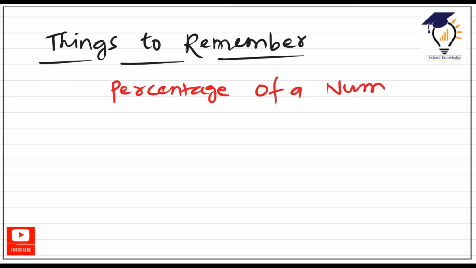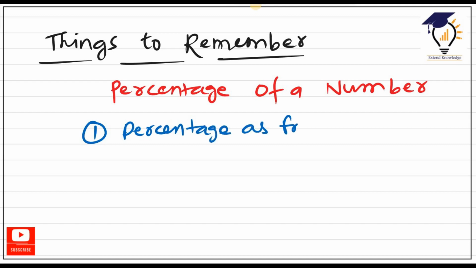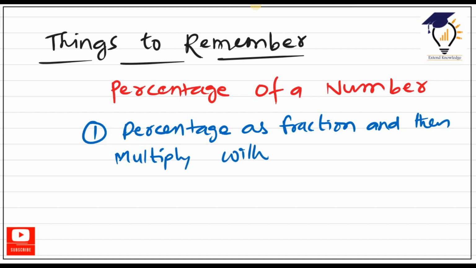First, write the percentage as a fraction, and then multiply with the whole quantity, or whole number, whatever is given.